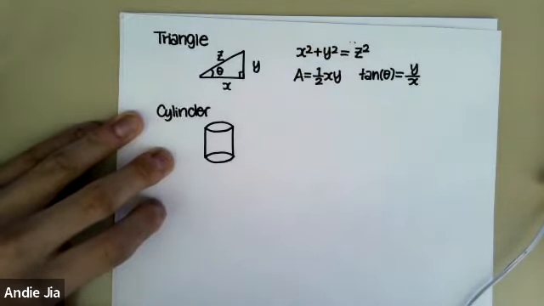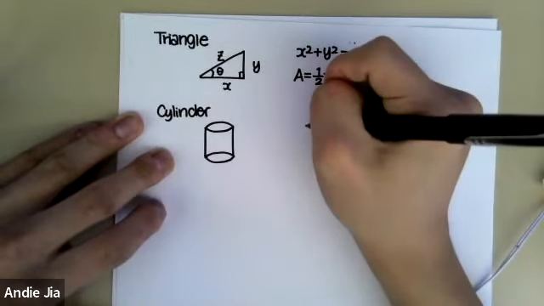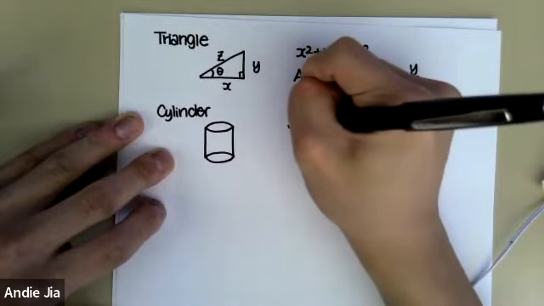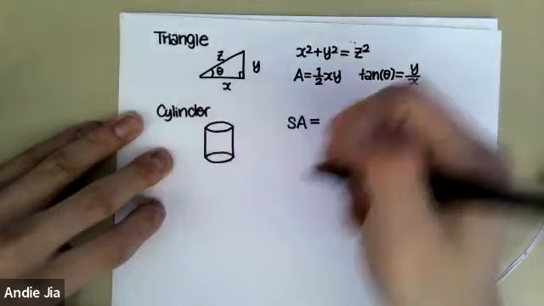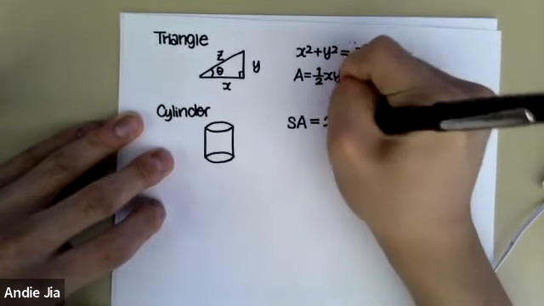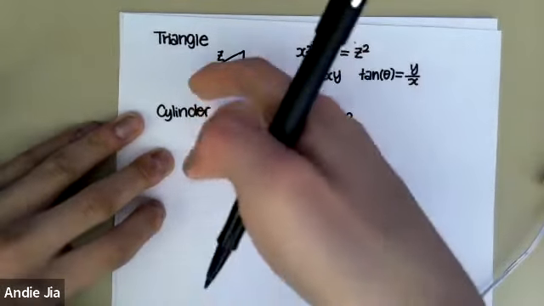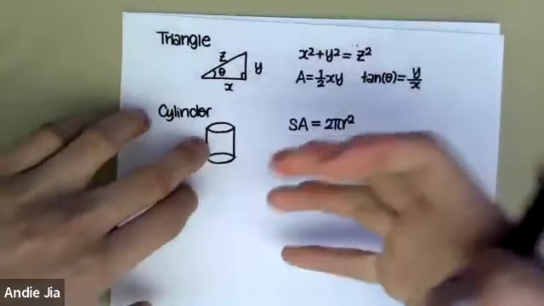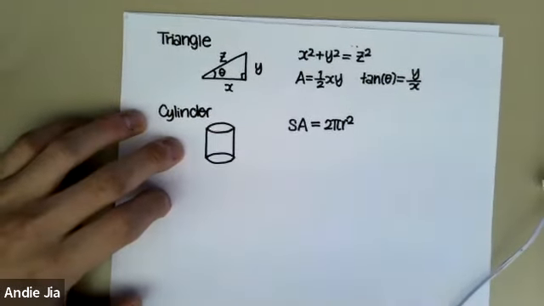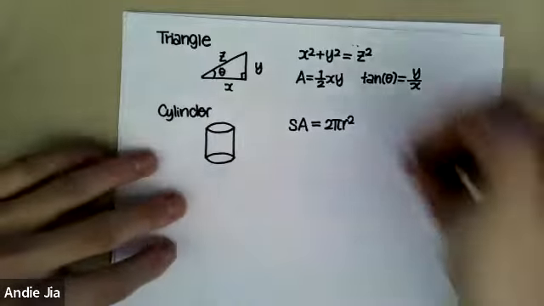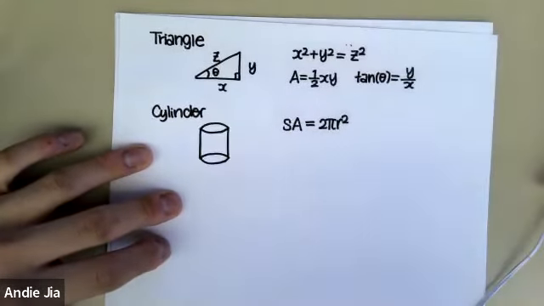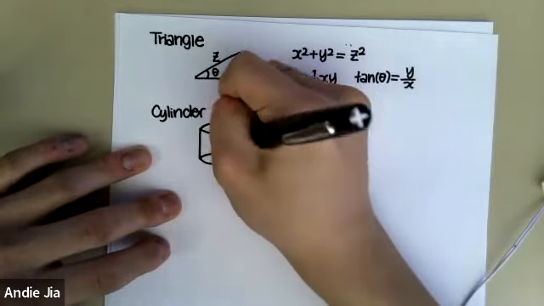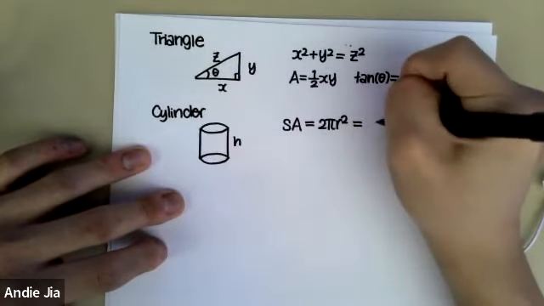I think for surface area, it's going to be 2 pi r squared, so two circles, plus the lateral part all around, which is the circumference times the height.